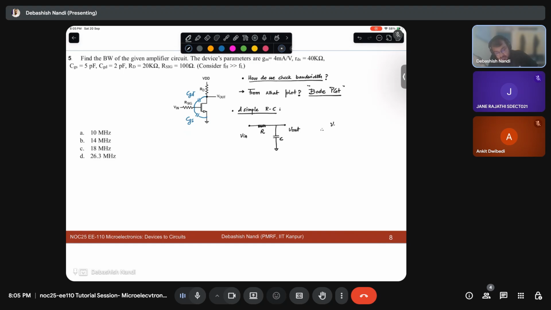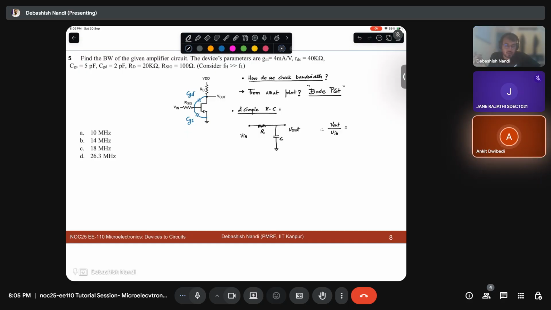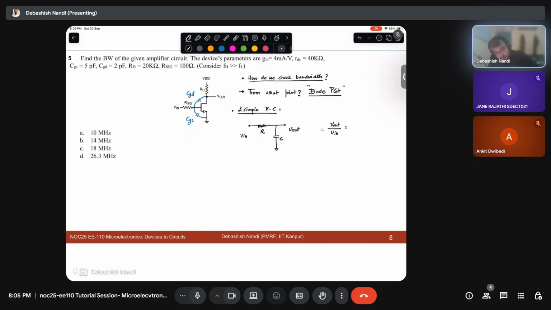So what is the transfer function? One by SCR plus one. So this will be 1 by SC divided by R plus 1 by SC.